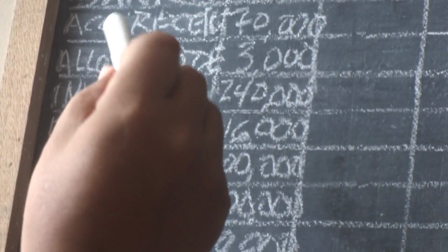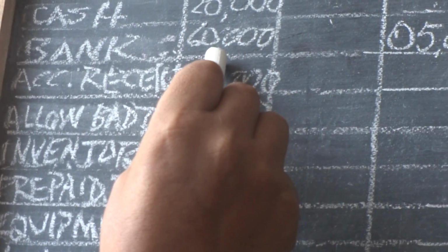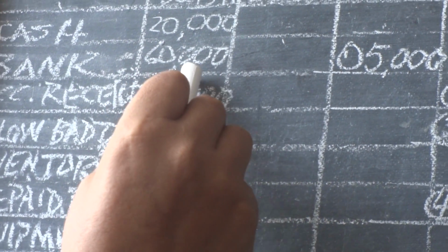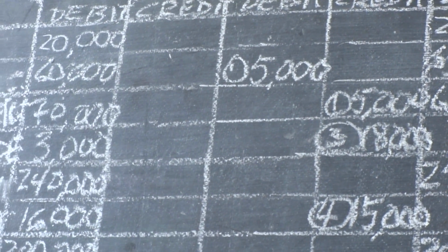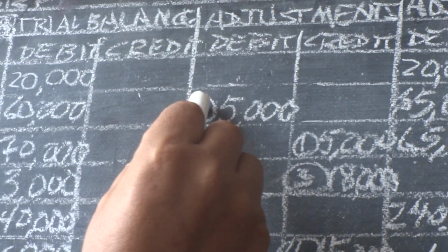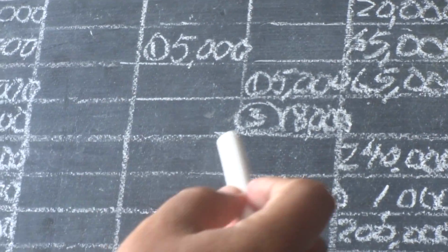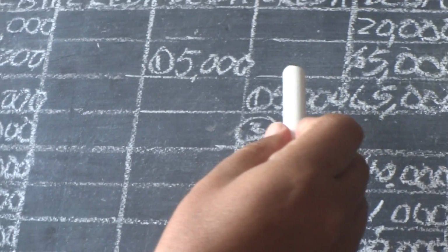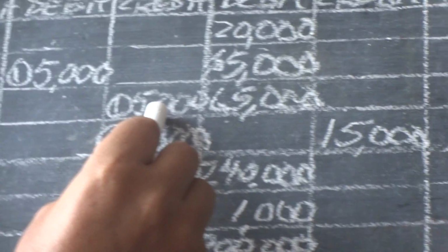Then we have the account bank. The Moon Corporation has $60,000 in the bank. Then we have to make an adjustment because the accountant of the company forgot to register invoices for $5,000.